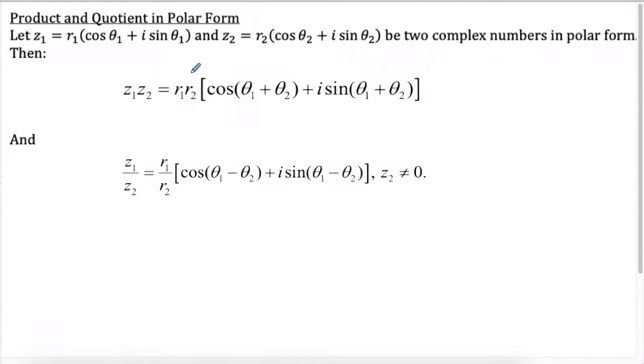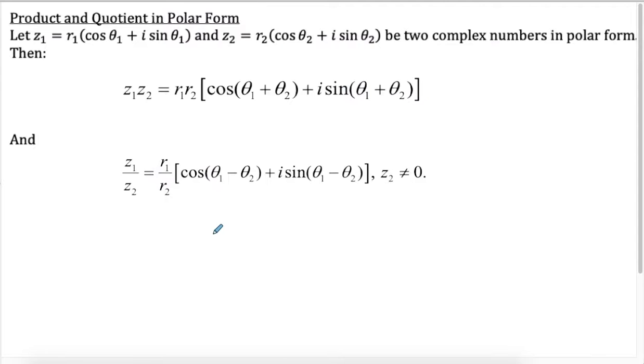Okay, so these are our formulas. If we have our first complex number in polar form and our second complex number in polar form, to multiply them together, I would multiply the two r values together, but then I'm going to add the angle measures. So I'm going to take the cosine of theta 1 plus theta 2 and the sine of theta 1 plus theta 2.